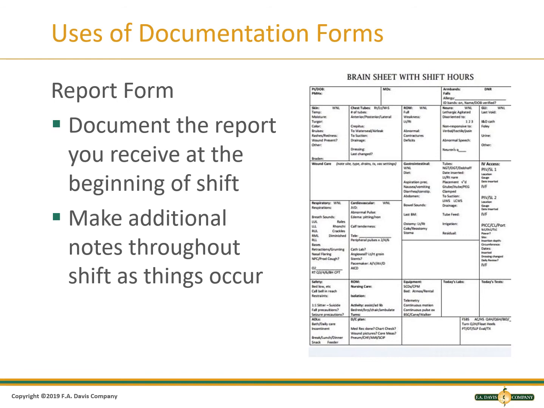The report form includes things like the room number, patient name, age, gender, and their physician, date of admission and diagnoses, how often they get their vital signs checked, their activity orders, their diet, any diagnostic tests to be done, or any pertinent test results that the nurse needs to be aware of, any personal care that may be needed, like a bed bath that day, or maybe they need their wound dressing changed, all nursing care to be delivered, and it always has some room for some additional note-taking.